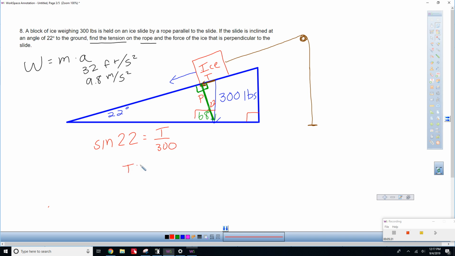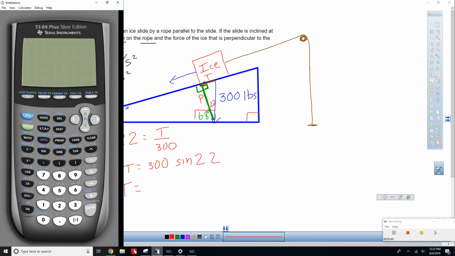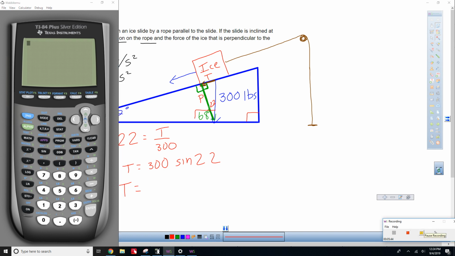So the tension on the rope is 300 times the sine of 22. Okay, so 300 times the sine of 22.